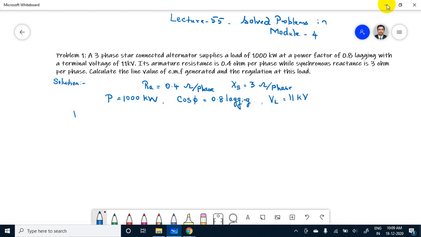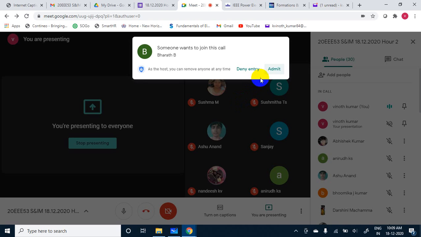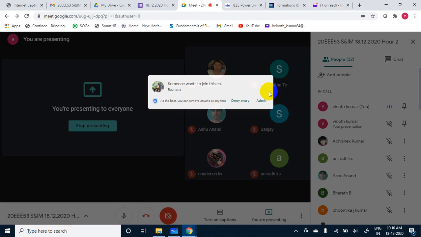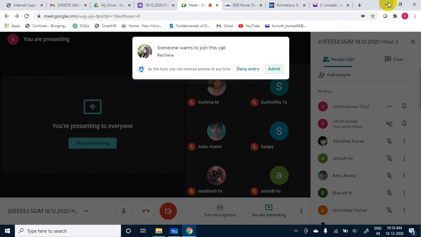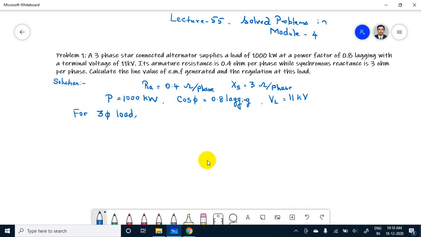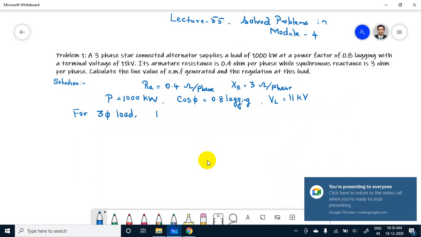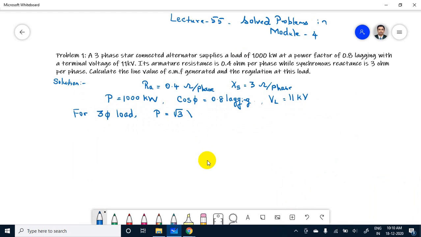Now for three phase load, power P equal to root 3 VL IL cos phi.